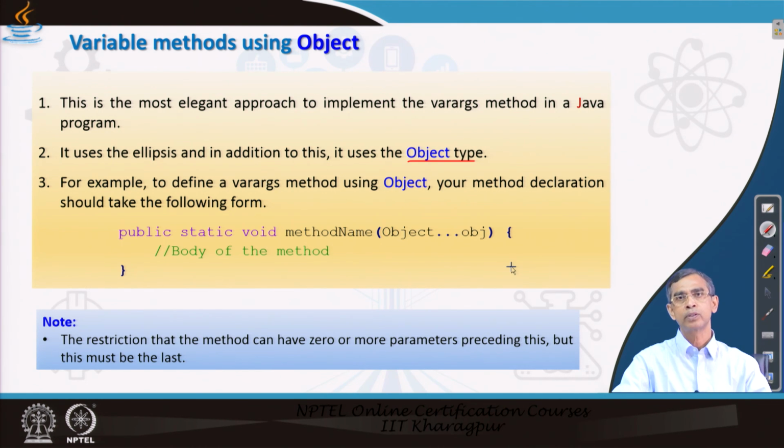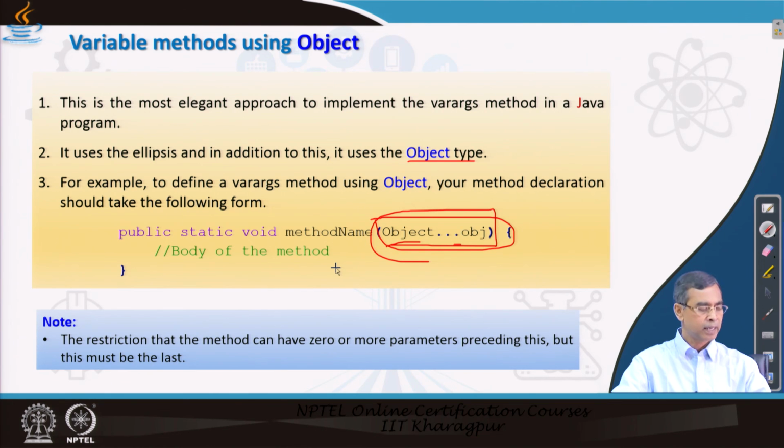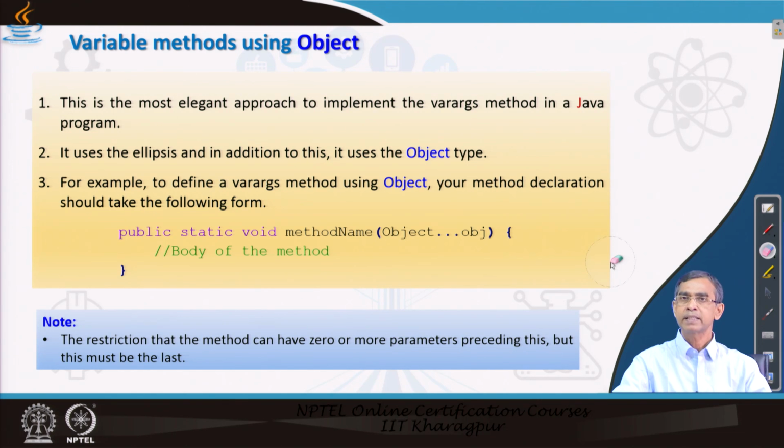So, it holds any type which derives from it. This concept is followed here: using the Object type and the ellipsis, any type of values and any number of parameters can be passed to it. So, using this Object definition we can pass any number of values, any number of arguments.